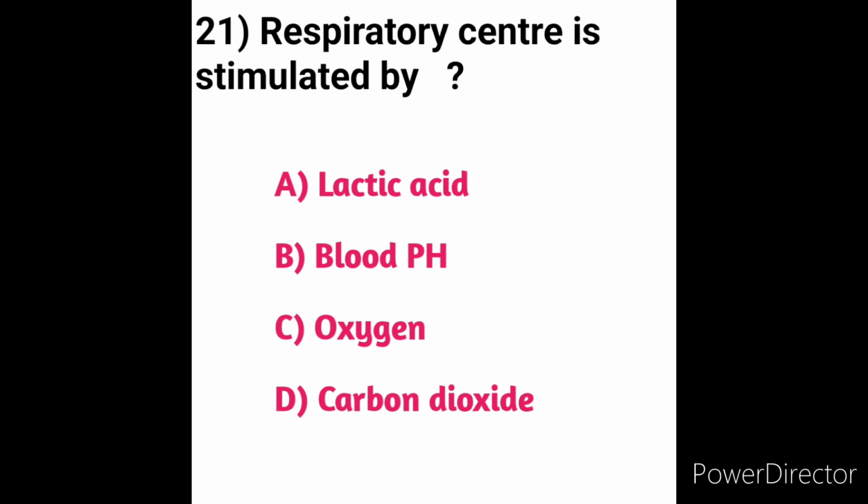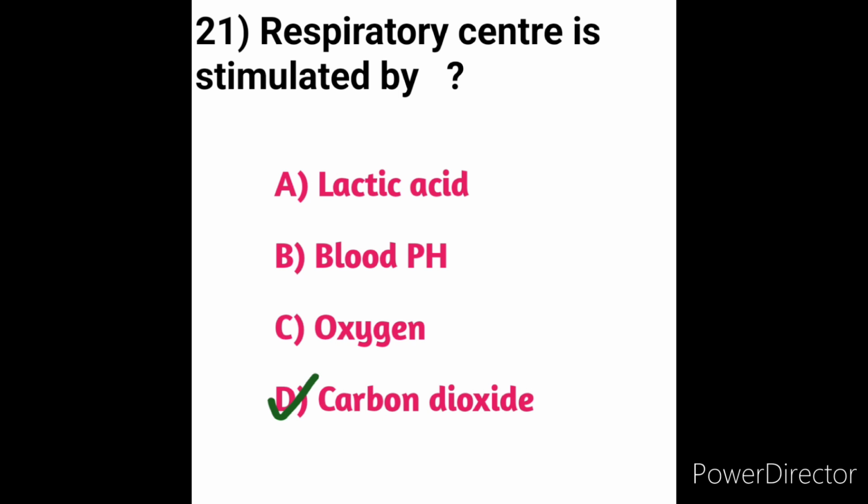An increased concentration of carbon dioxide normally stimulates the body's respiratory center in the medulla oblongata. So the respiratory center is stimulated by carbon dioxide. Option D is the correct answer.